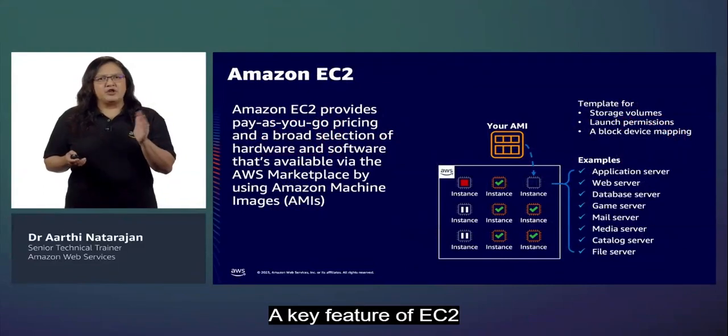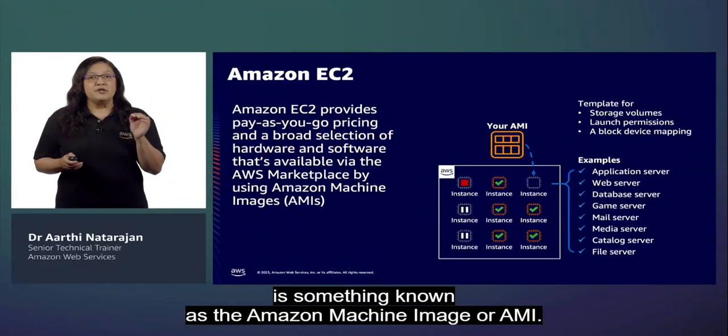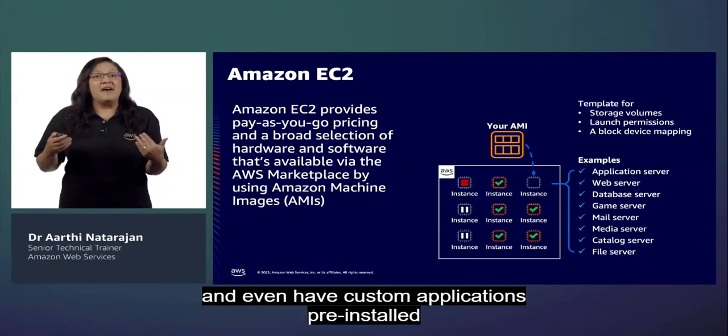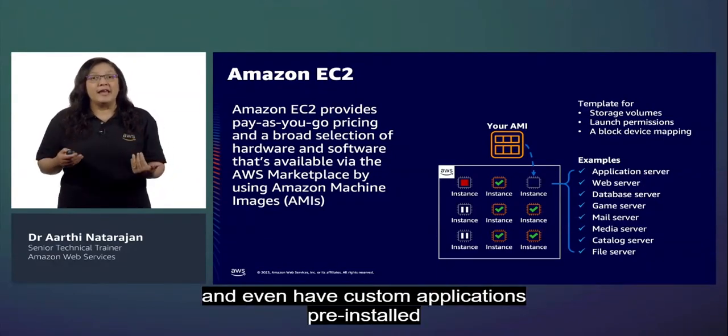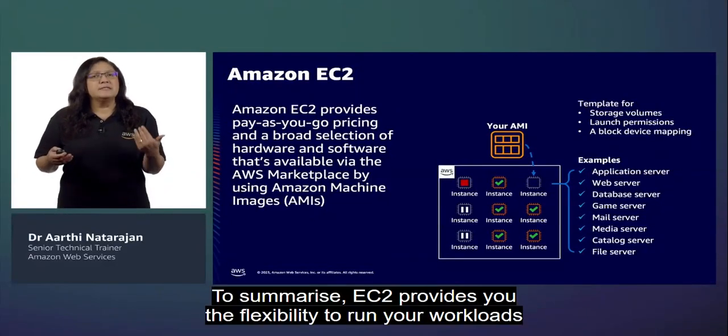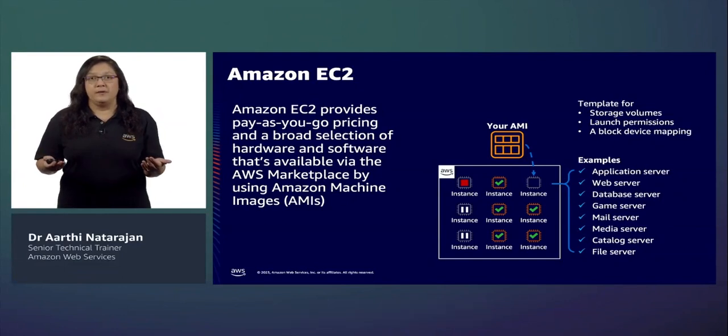A key feature of EC2 is something known as the Amazon Machine Image, or AMI. This allows us to select the operating system of choice and even have custom applications pre-installed to speed up deployment time. To summarize, EC2 provides you the flexibility to run your workloads when and how you want to.